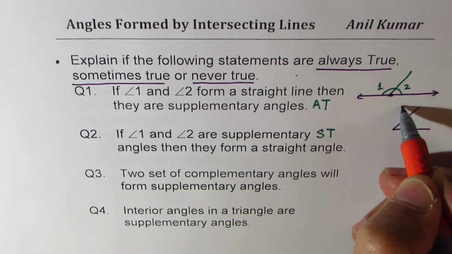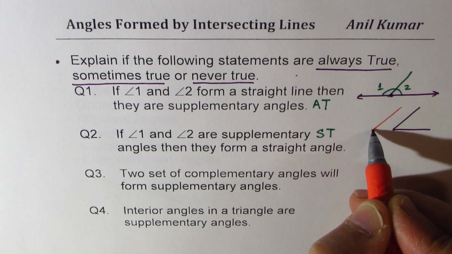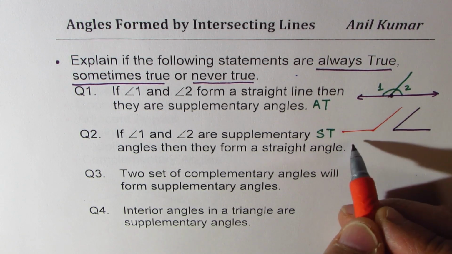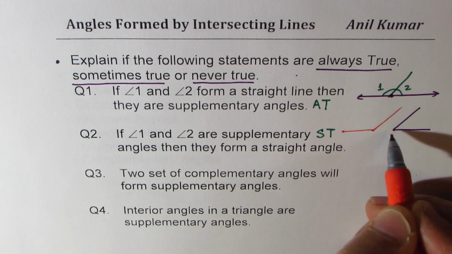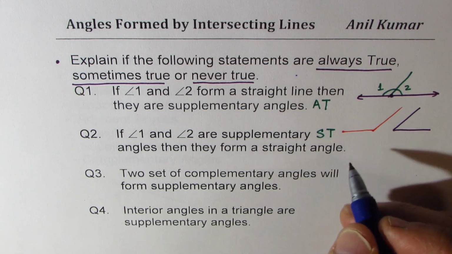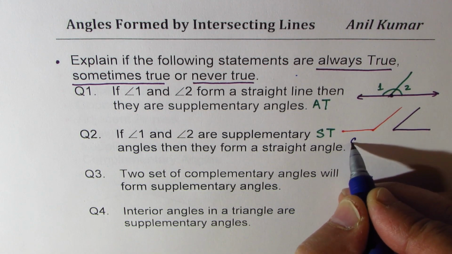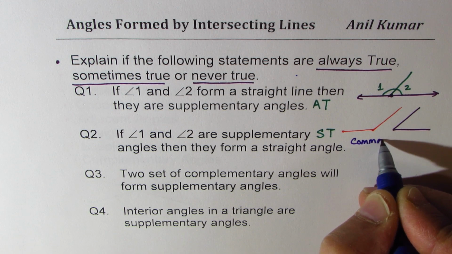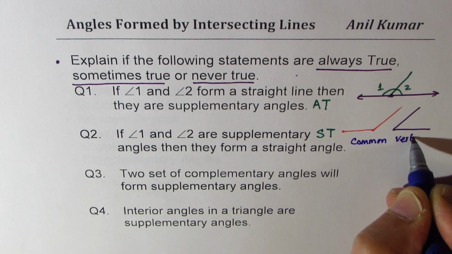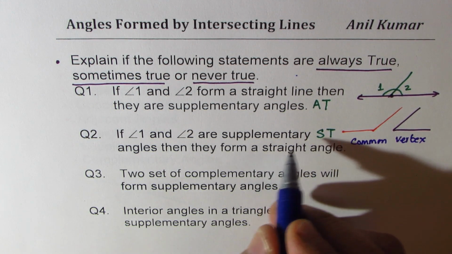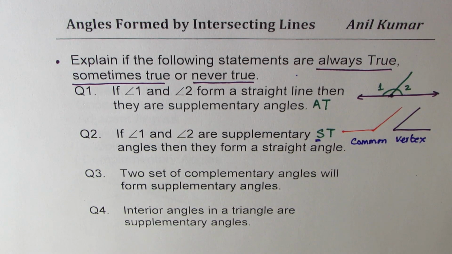So not adjacent but somewhere else. Kind of like this. Now since they are not connected, that means they do not have a common vertex. And so this is sometimes true. Only when they have a common vertex that could be true. Do you understand? So this is very important to understand.